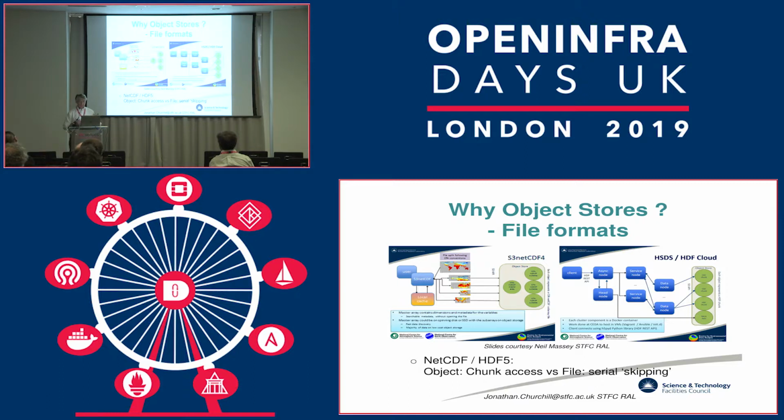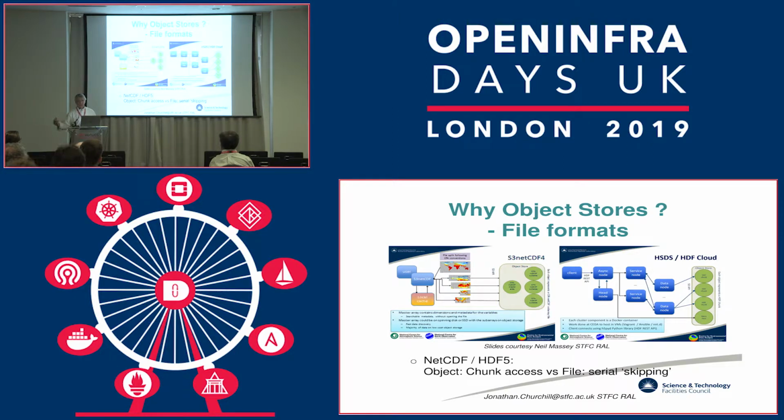So there are a couple of projects to try and break that out. One is the S3 NetCDF, which is the left-hand slide. My colleague Neil Massey has been working on this, and this is one where those individual chunks of data in the file are broken out into individual objects. So you read the metadata, and that tells you which of those chunks you actually want to get. So you go straight to the object that you want.